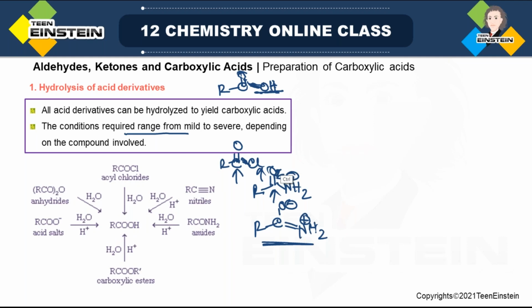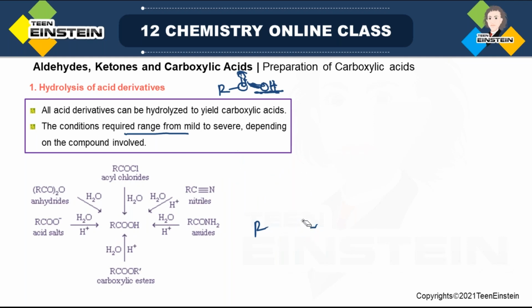So here we have different derivatives. In the middle we have RCO2H, and the starting material can be RCOCl, acyl chloride, then it may be a nitrile. Though you can say it is not directly an acid derivative, still from this molecule after hydrolysis you can get carboxylic acid.